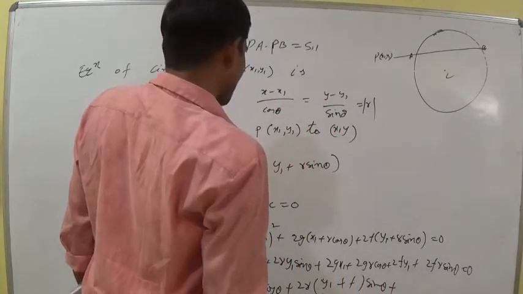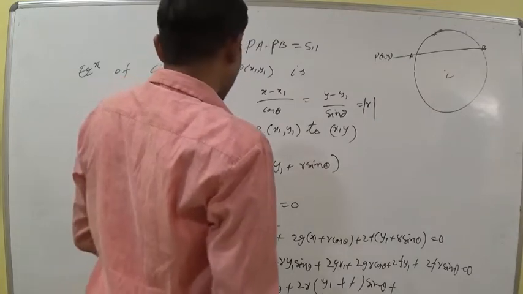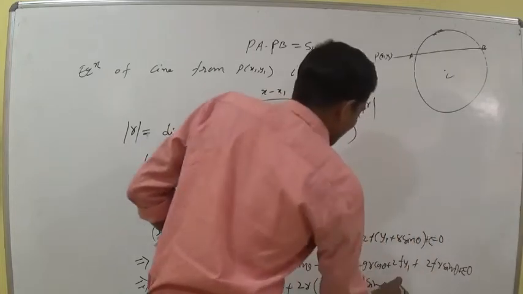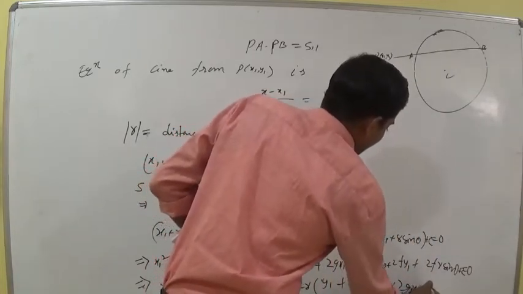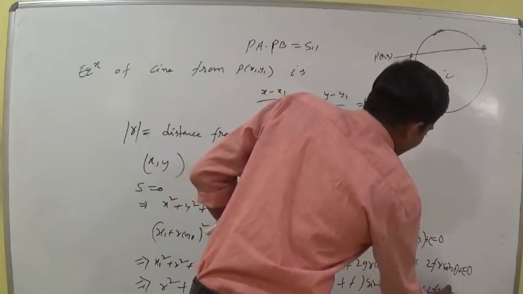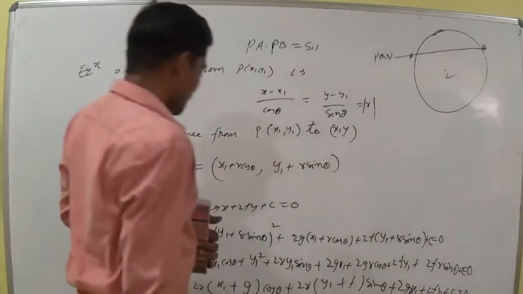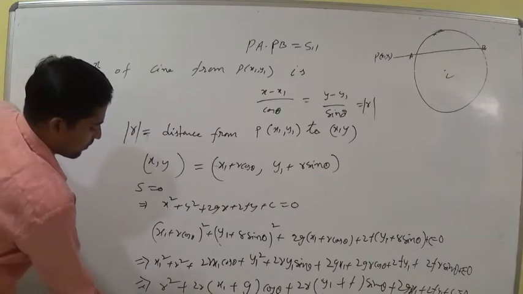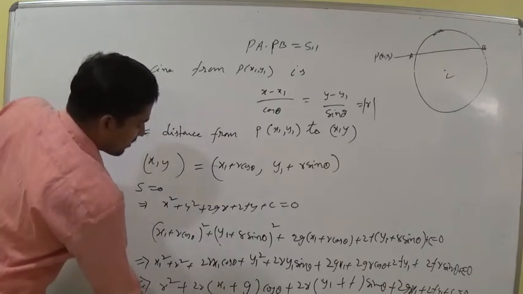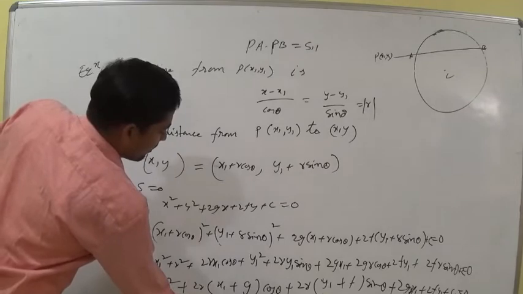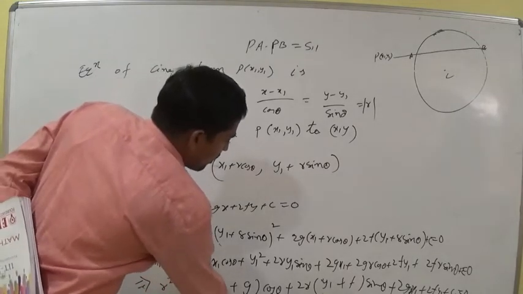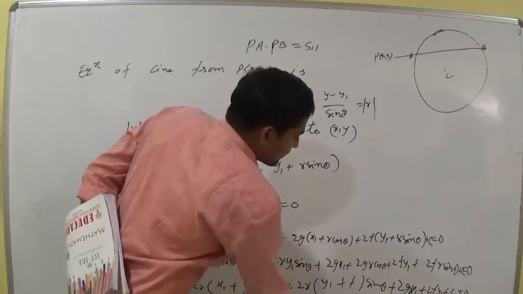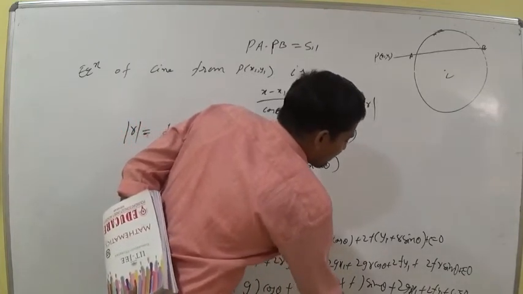I forgot to write plus c here, so we have to write plus c. Which becomes r square plus 2r[(x1 plus g) cos theta plus (y1 plus f) sin theta] plus S11 equal to 0.